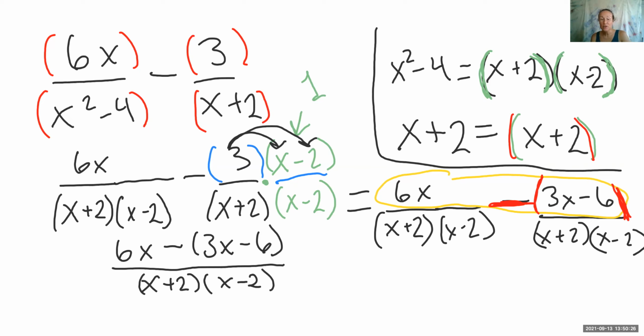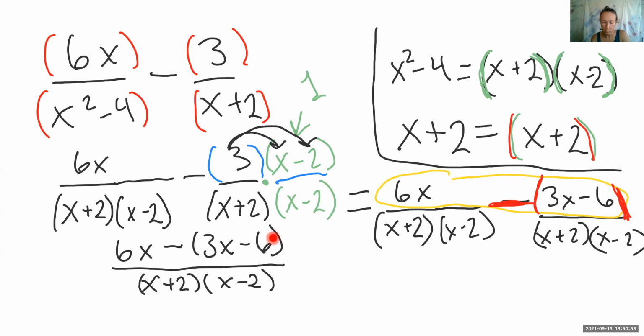Okay, and now you can see when we write this as a single fraction, see how the parentheses here are going to make a difference, because this negative sign is going to get distributed here, right? So it's not really going to be a -6. We're going to end up with a minus -6, which will give us a positive 6. So knowing these parentheses makes the difference of this second term being added or subtracted.